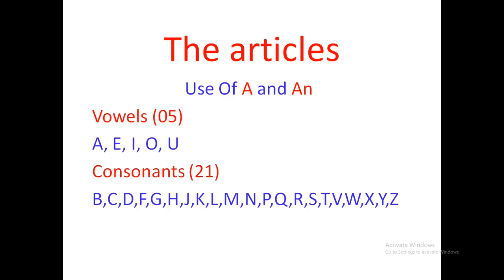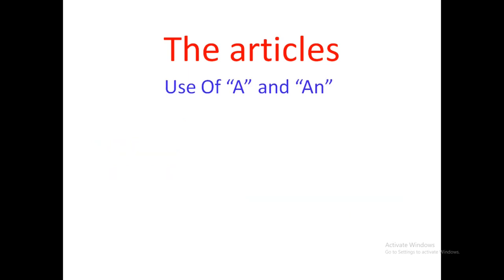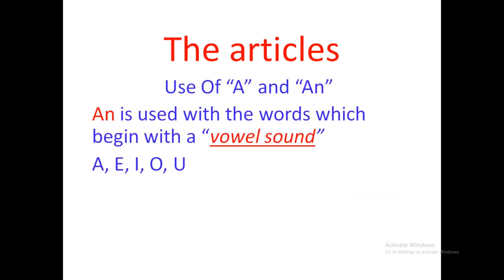With the words starting with a, e, i, o, u, normally we use an, but it is very important to understand that we use an with the words which begin with a vowel and which create the sound of a vowel. This is very important to remember: those words which create the sound of a vowel will use an.